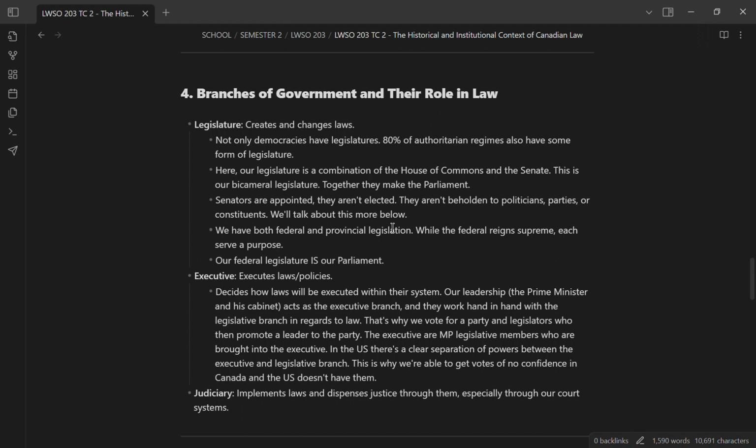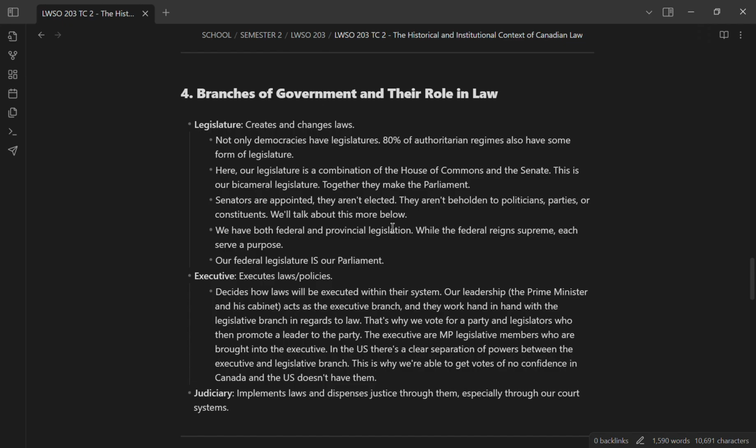Our executive branch, again, they're the ones that execute laws and policies. This is deciding how laws will be executed within their systems. Our leadership, the Prime Minister and his cabinet, is the executive branch, and they work hand in hand with the legislative branch to ensure that law is regarded and executed properly.